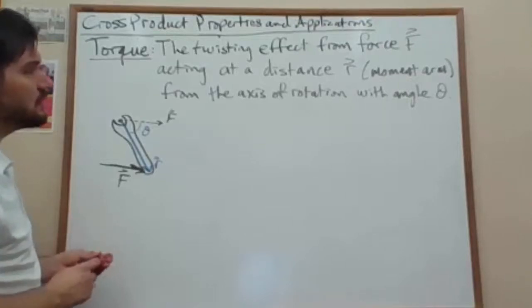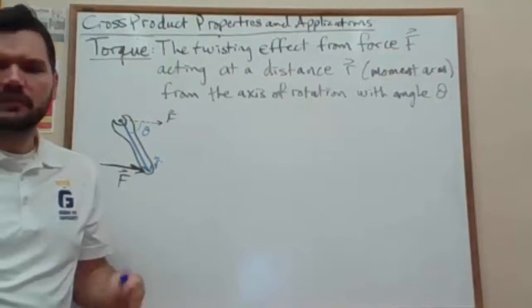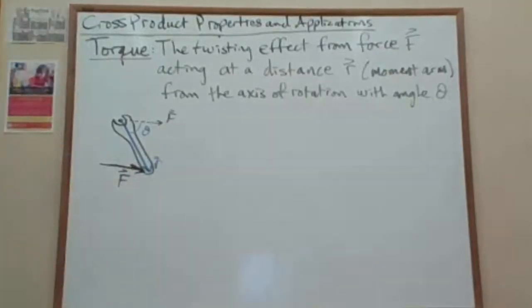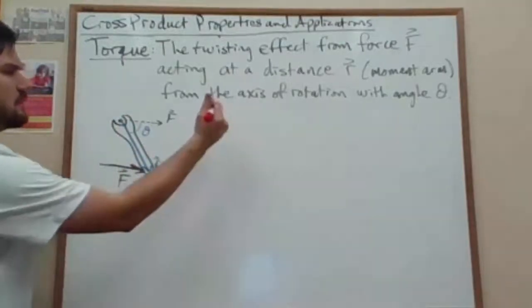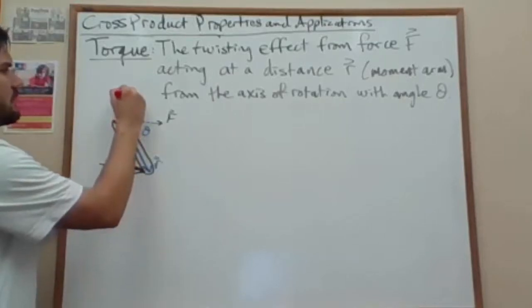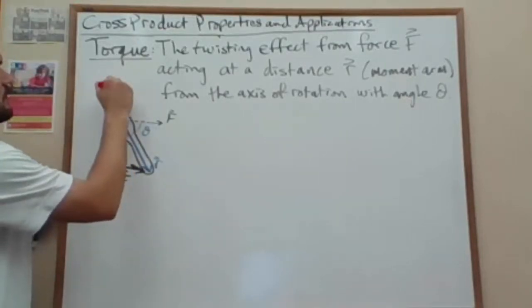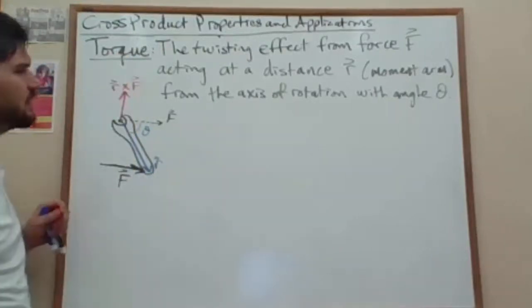Now, the result of these two provides the torque through the cross product. And that cross product is r crossed with F, giving us the torque.